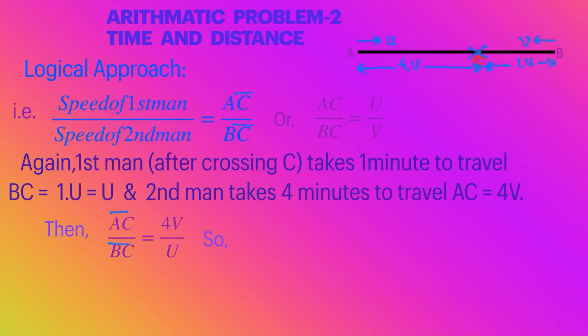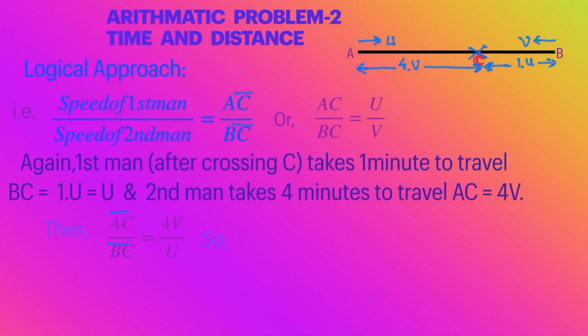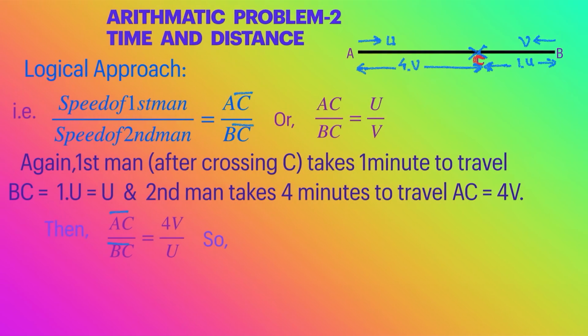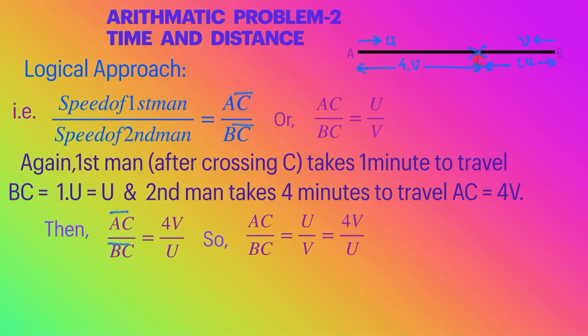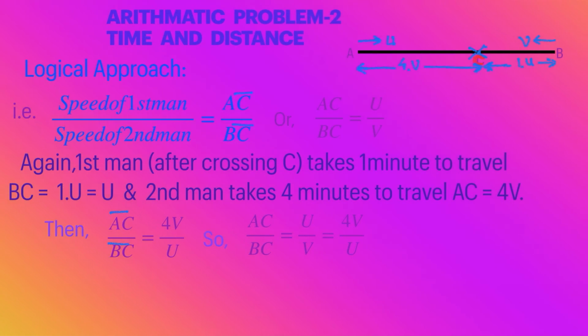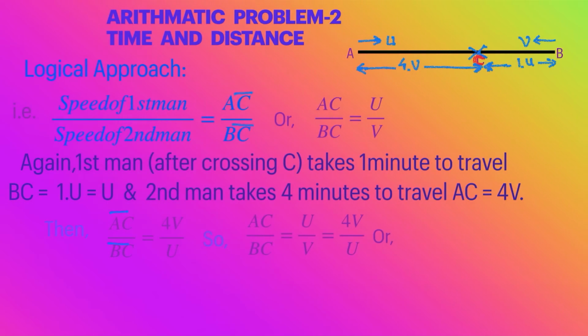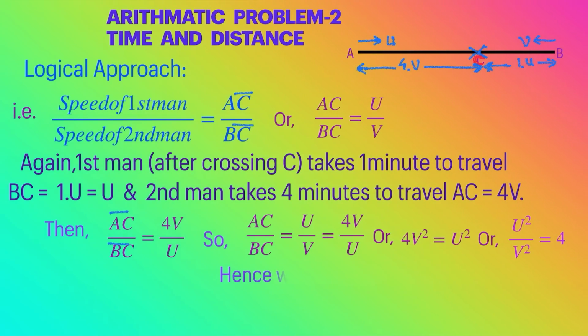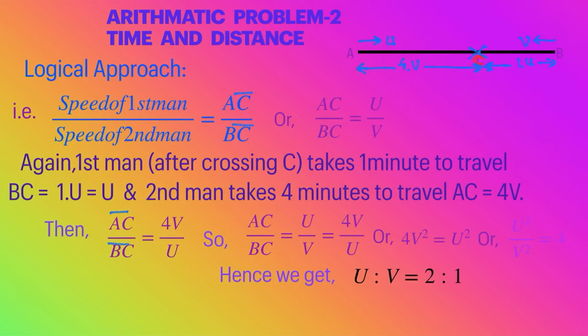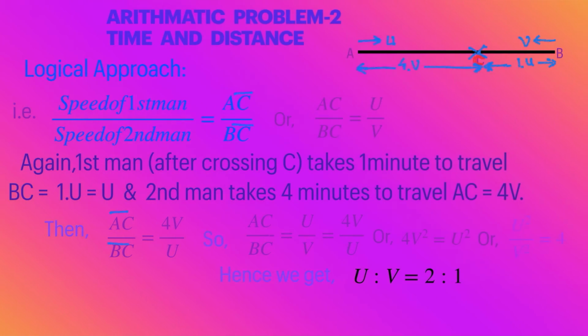So if we combine these two equations, AC by BC equal to U by V and AC by BC equal to 4V by U, then we may write AC by BC equal to U by V equal to 4V by U, because we have previously got AC by BC equal to U by V. So U by V equal to 4V by U, and from this by cross multiplication we write 4V square equal to U square, and from this we get U square by V square equal to 4, and hence we get U is to V equal to 2 is to 1.